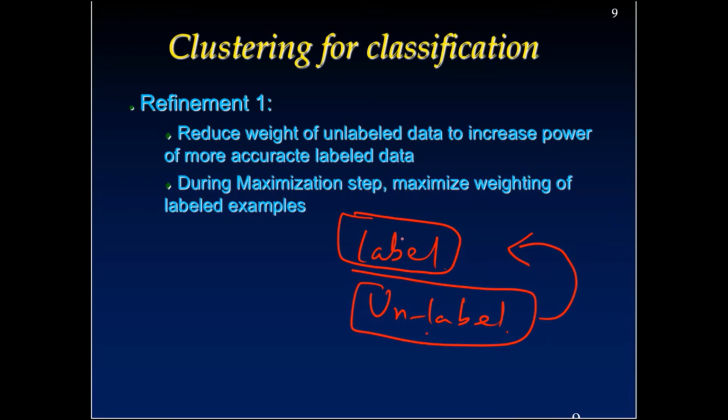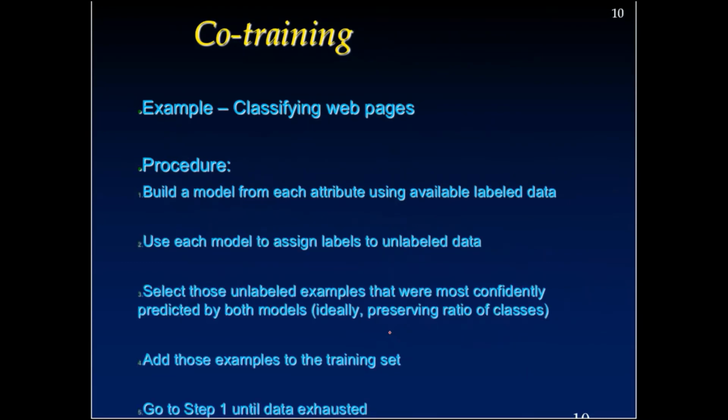More weight should be given to the labeled data. The weight in the optimization algorithm should be higher for labeled data than for unlabeled data, and that would improve the accuracy.